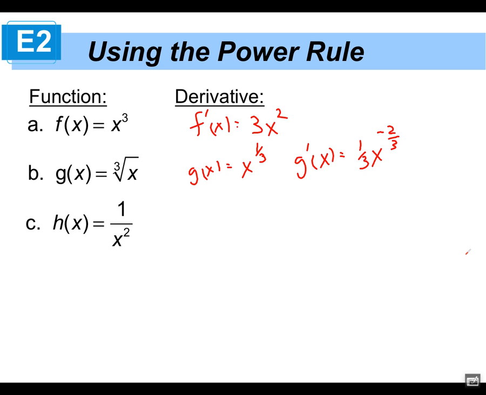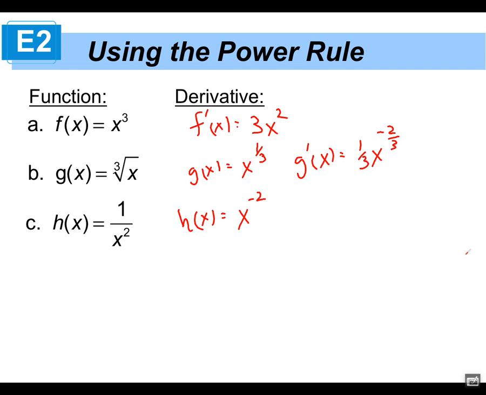Okay, good. What do I do now? Would it just be negative 2x to the negative third? How about we rewrite the function first? What would that be? x to the negative second.